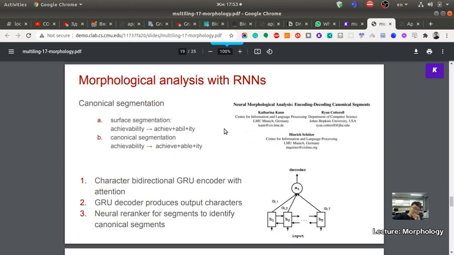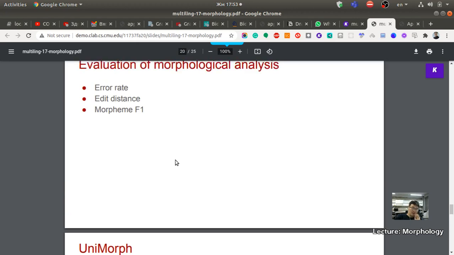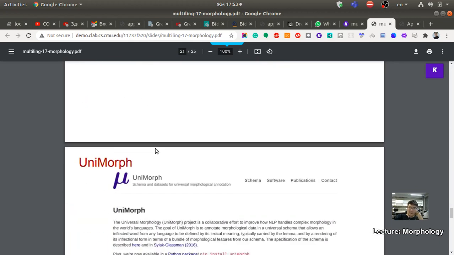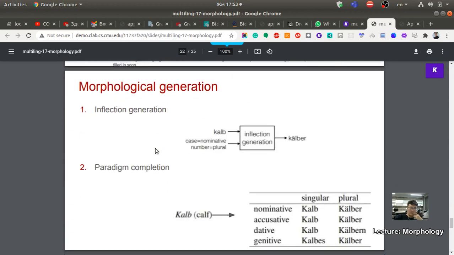Morphological analysis with RNNs: we use an RNN, and then it outputs something like this. Then evaluation of morphological analysis: you can evaluate it by error rate, how many errors, edit distance, and morpheme F1. By these things you can specify how well it works.